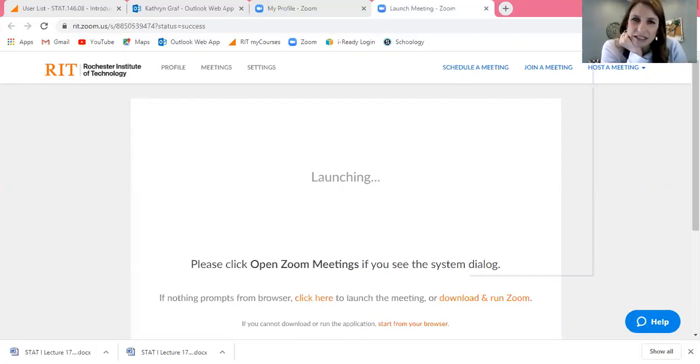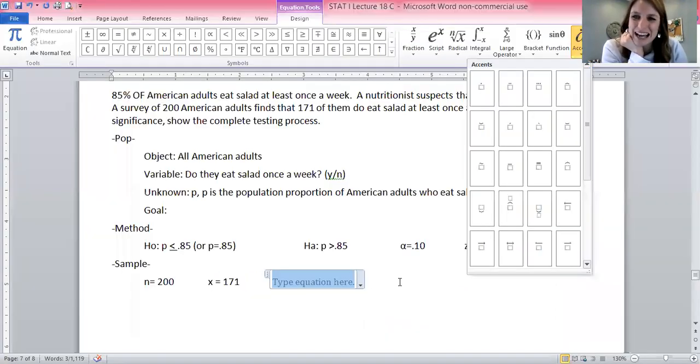Let me just give it a second here. I don't really want to get out of this if I don't have to. Oh, I forgot to go back up to my goal, didn't I? After I'm done typing this in, I will go back to my goal.